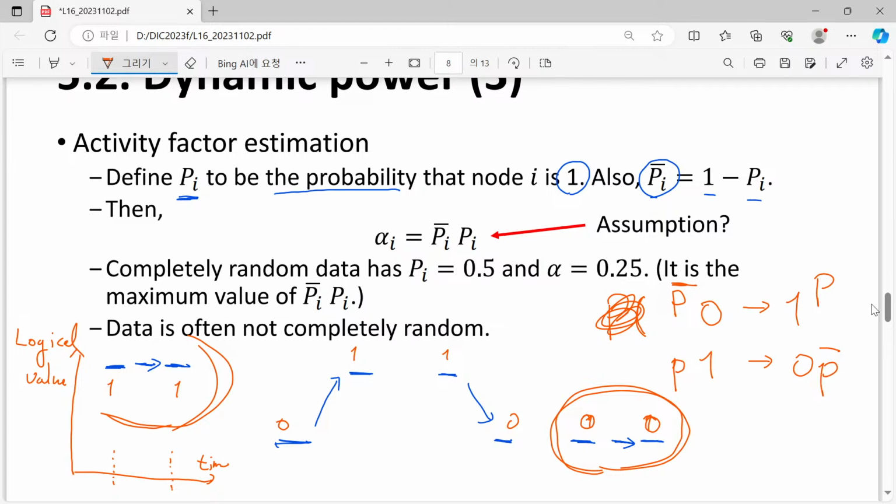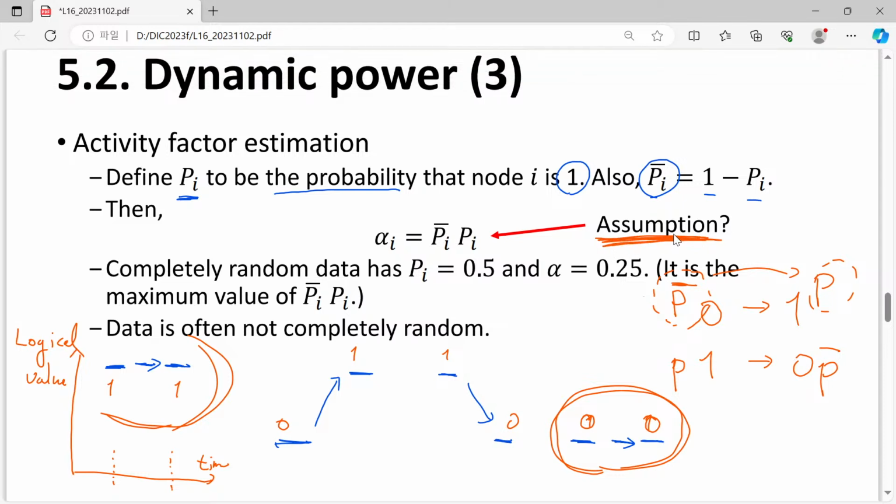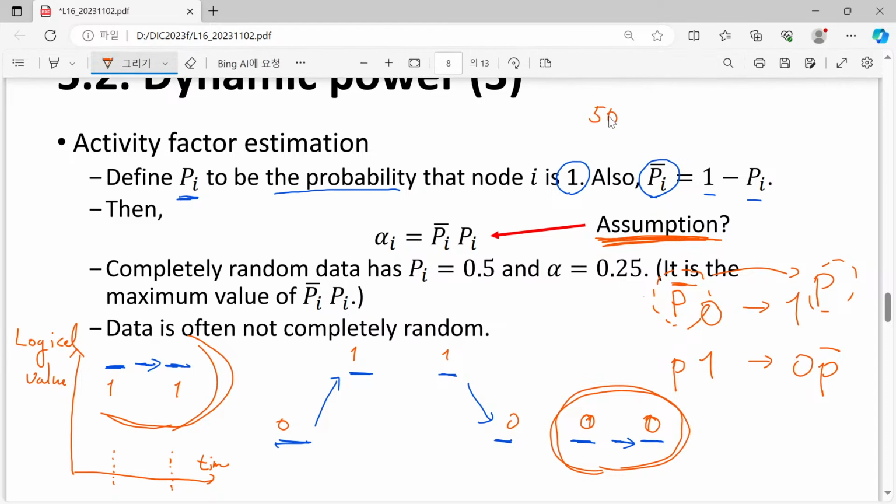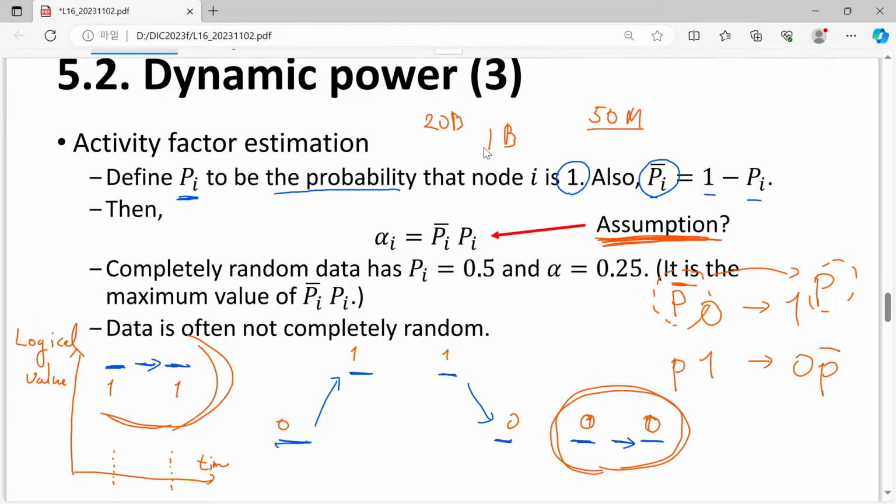Of course there is no guarantee that this p and p are the same at different time instances, but we just make a crude assumption, since we are now talking about, for example, 50 million transistors, or 1 billion transistors, or even 20 billion transistors, so an individual transition of our transistor is not that important.